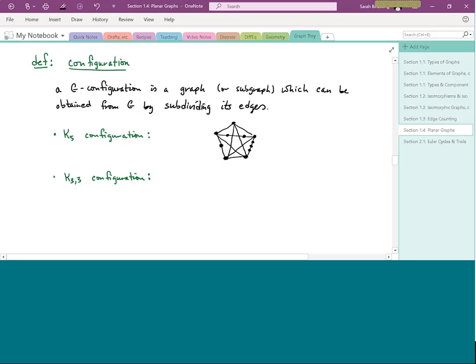Maybe into now 4 teeny tiny edges. Okay? So this would be now a K5 configuration. It doesn't matter how many vertices are along what would be a normal edge in the K5 graph. In the configuration, you can have just the 1 edge, like up here. You can have really 2 edges stacked together, 3 edges, 4 edges, etc. Now for K3,3 configuration, you can do a similar thing.